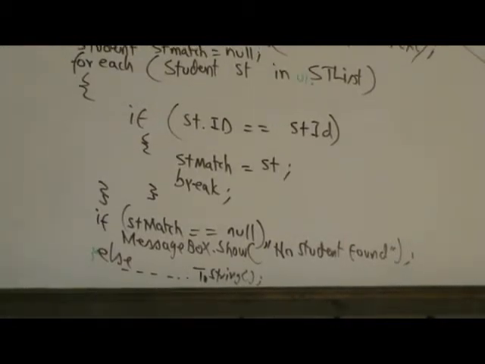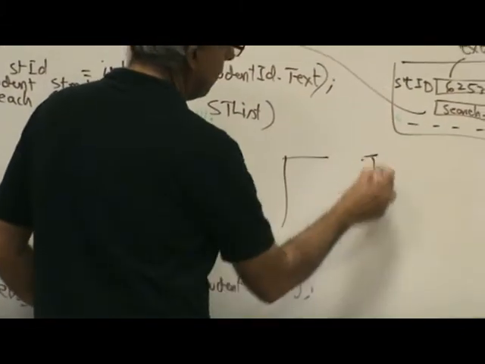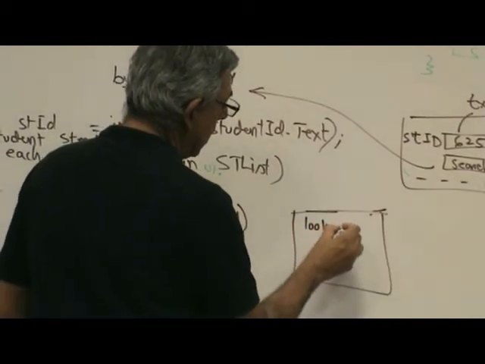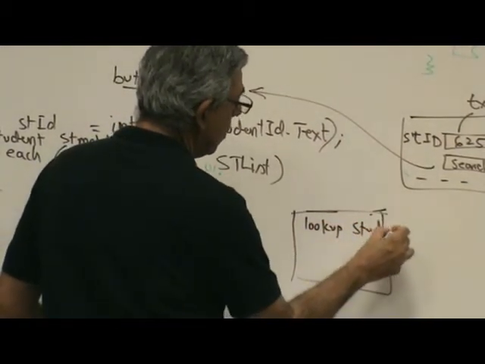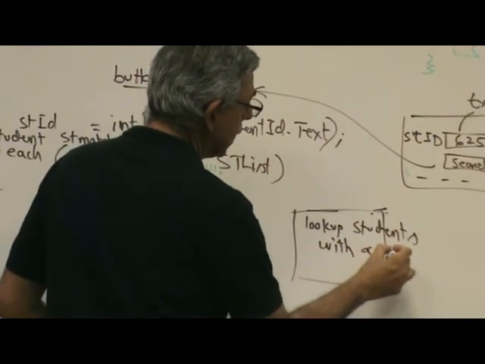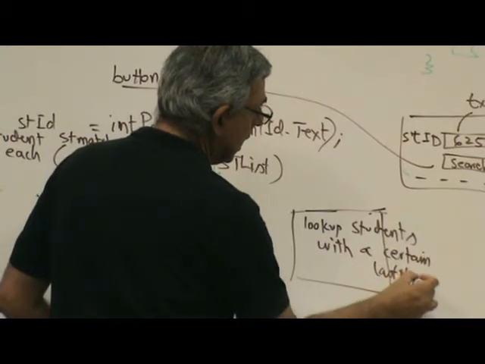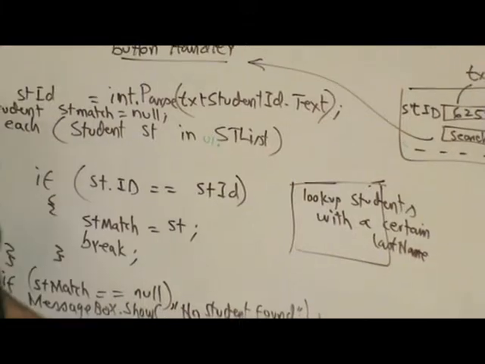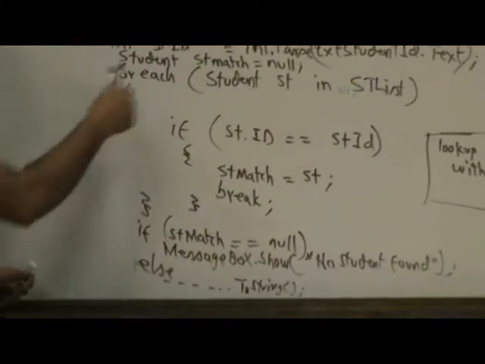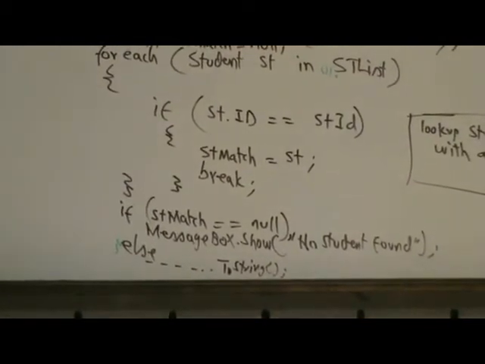Okay, now let's pretend somewhere else in your form or another form, you wanted to look up students, or all students, with a certain last name. So instead of the ID, you wanted to search for the last name, okay? So again, can you write this type of code? How will it change if we wanted to search for the last name?